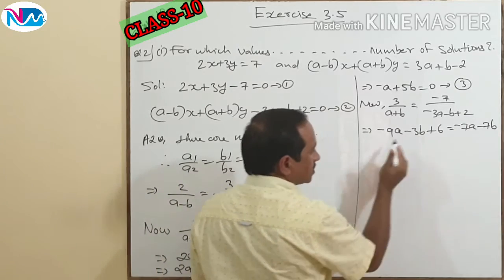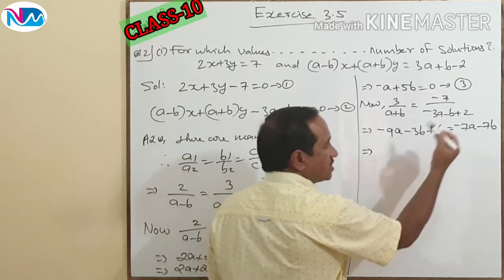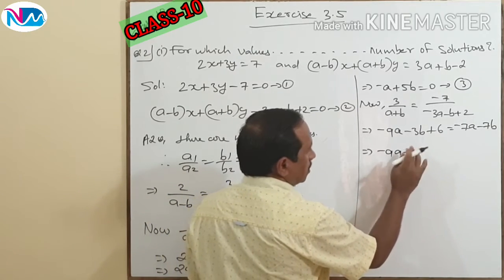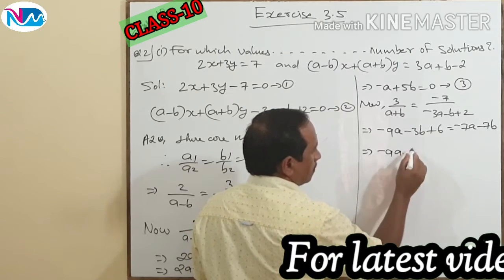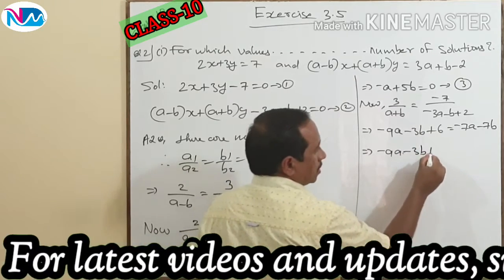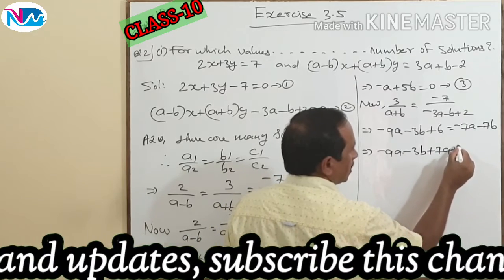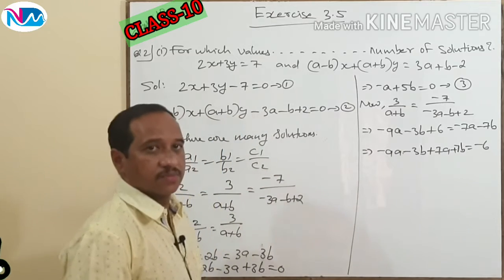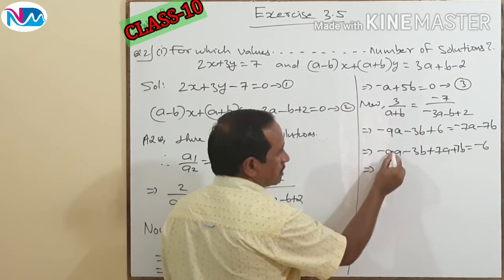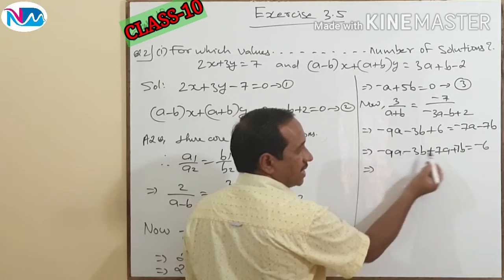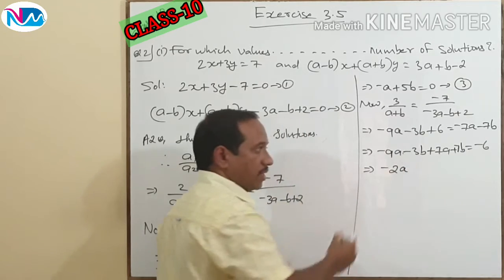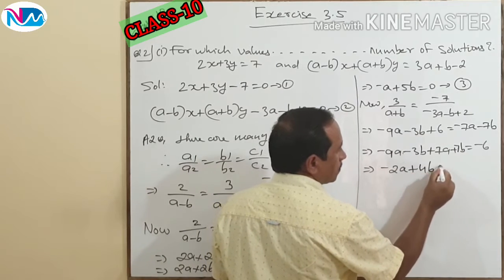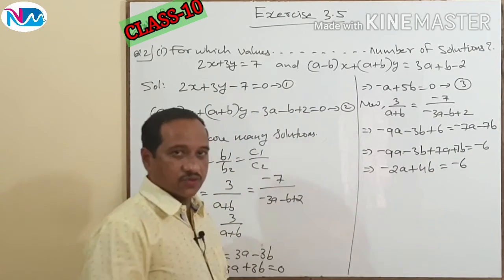Taking the RHS to LHS and plus 6 to RHS, we get minus 9a minus 3b plus 7a plus 7b is equal to minus 6. On simplifying, minus 9a plus 7a is minus 2a, minus 3b plus 7b is plus 4b, is equal to minus 6.